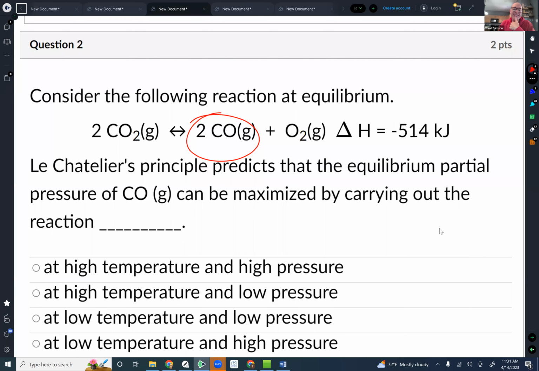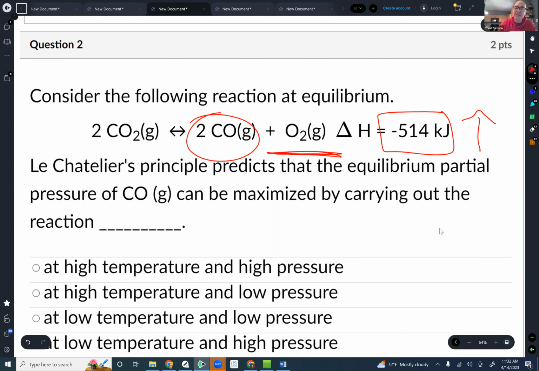If I have a high temperature, now what this means over here, it is producing heat. So it's on the product side as well. So if I increase the temperature, equilibrium is going to try and shift it to the other side. That's not maximizing what I want, which is the other material.